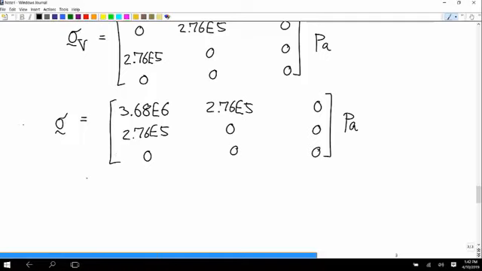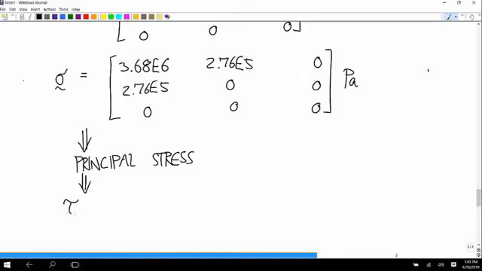Now calculate the principal stress tensor and then the maximum shear stress is equal to sigma 3 minus sigma 1 over 2. And you compare whatever value you get here with whatever the value is for the brittle material that you're considering to see whether you're worried about it breaking or not.